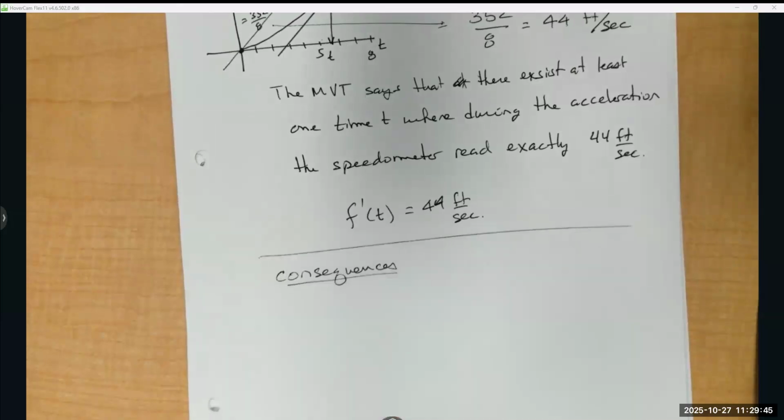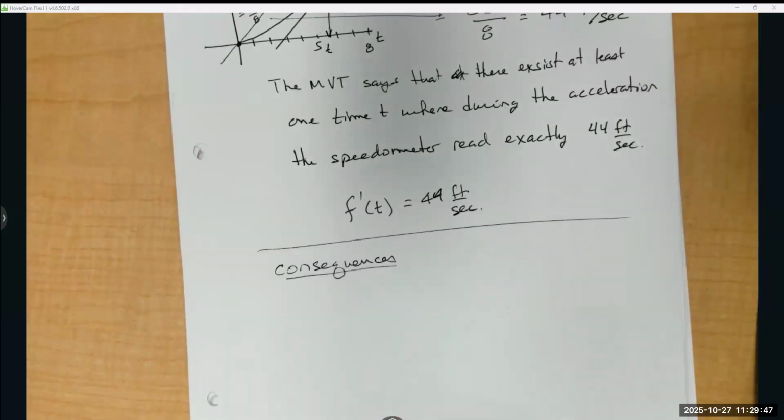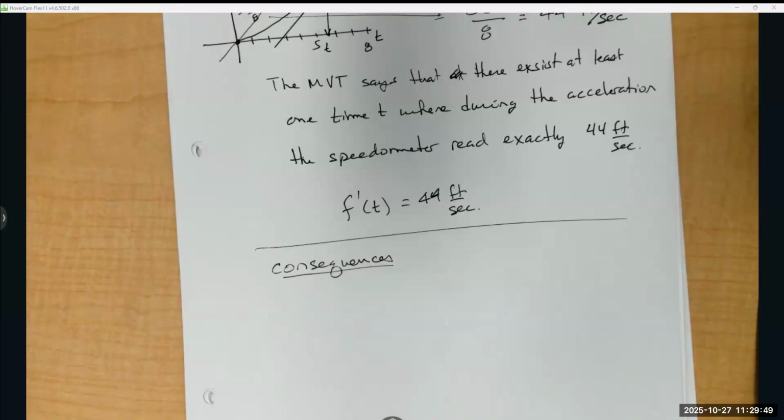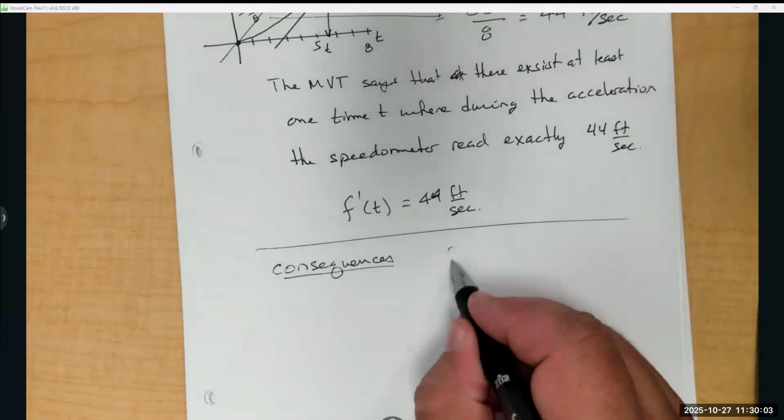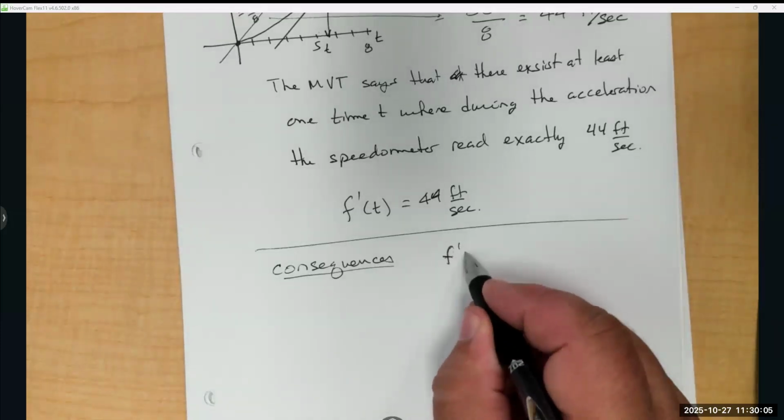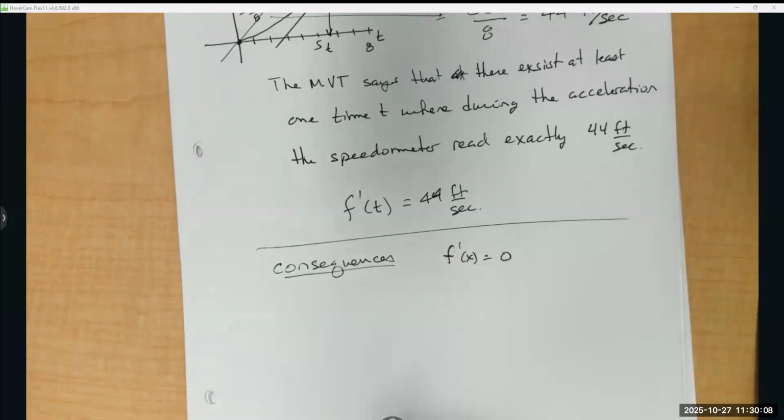The consequences of this. Because remember, when we did Rolle's theorem, what were we looking for? We were looking for derivatives equal to what? The slope of the average rate of change. No, so we wanted zero.